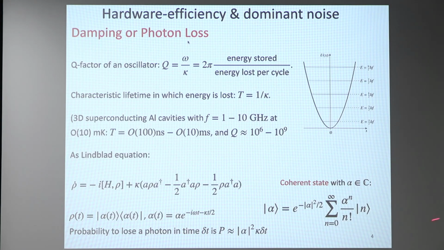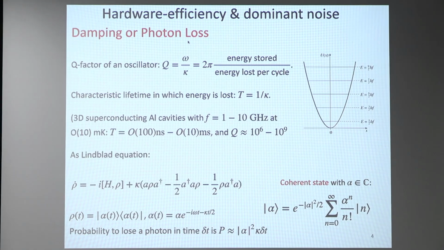So if you haven't seen them before, look at the formula carefully. If I put in a coherent state, with this Hamiltonian, which is the one of the oscillator, it will start rotating in phase space, and then it will start decaying in amplitude with a rate that's kappa.